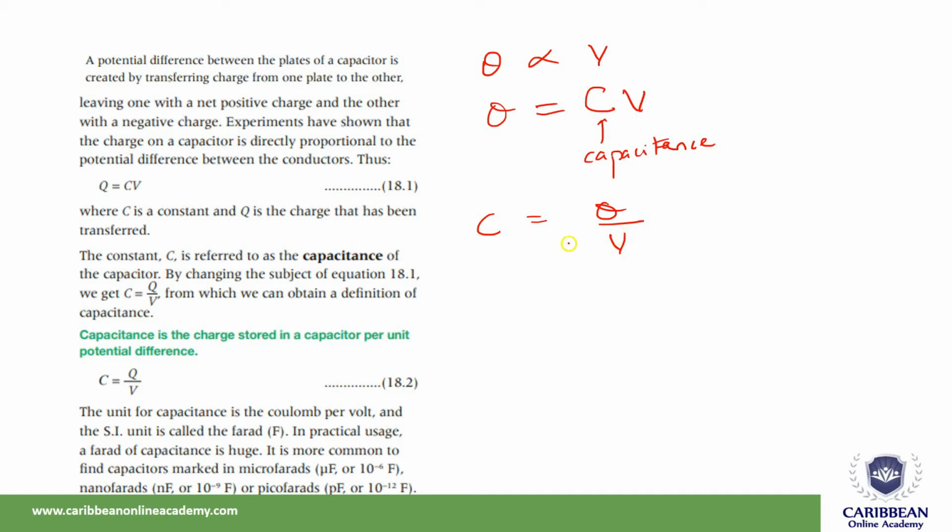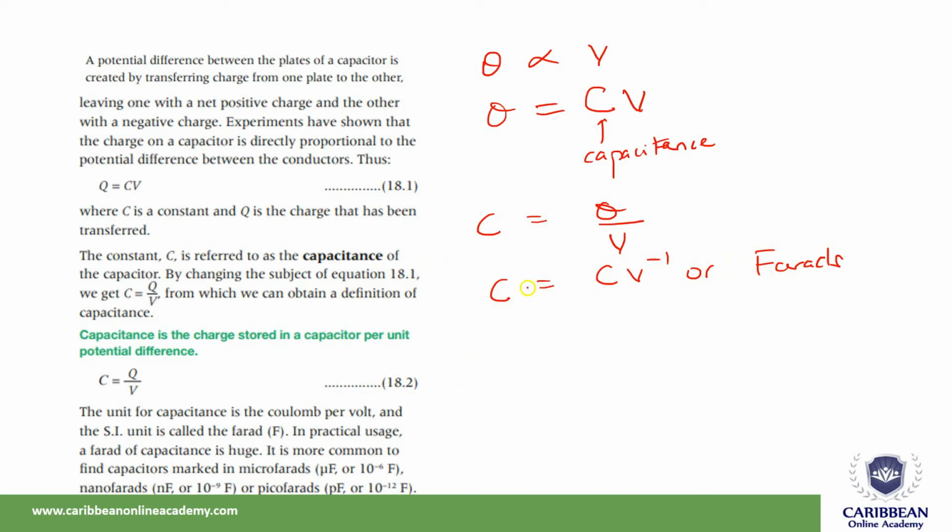And with that being said, we can see here that the units for capacitance can either be what we call coulombs per volt, or there's a unique name for capacitance. We refer to it as farads. And you can also read the notes here to see what we're saying. All right?